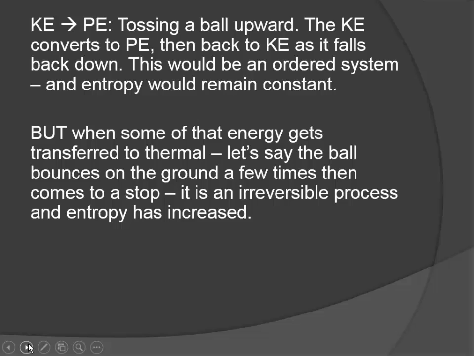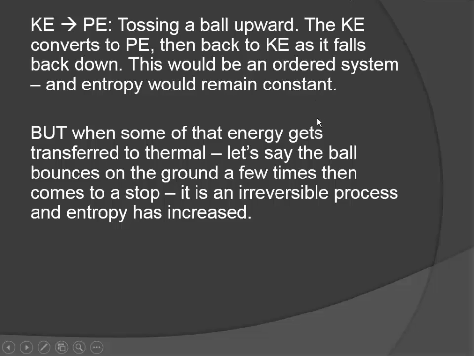So let's look at an example of what that is. In AP1, you guys probably talked about the idea of converting kinetic energy to potential. As you throw a ball upward, the kinetic energy converts to potential energy, then it comes back to kinetic as it falls back down to the ground. This is an ordered system, and the entropy of that system remains constant because in this particular situation, there is no thermal energy happening.